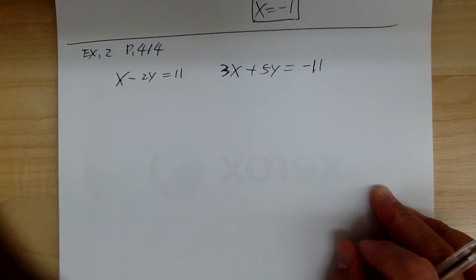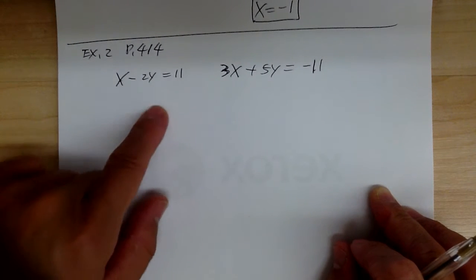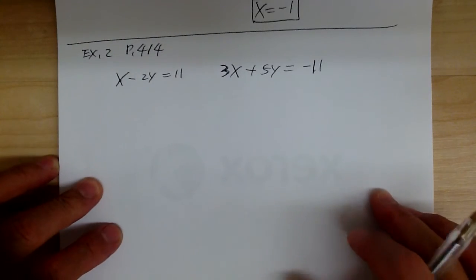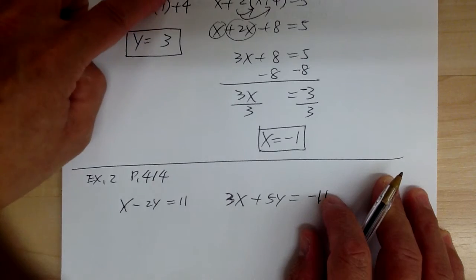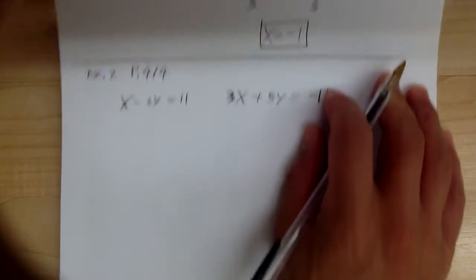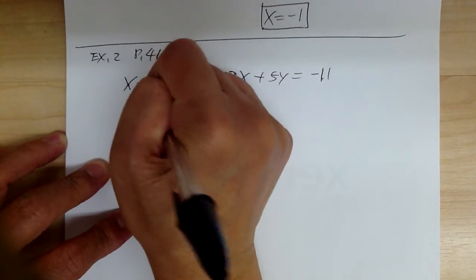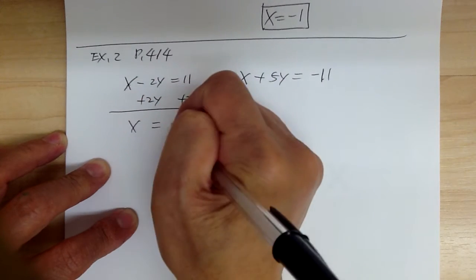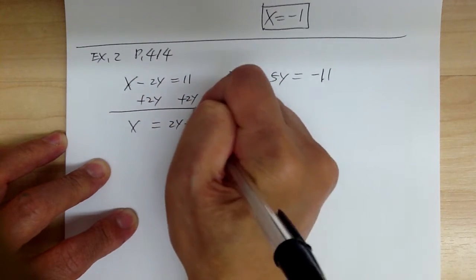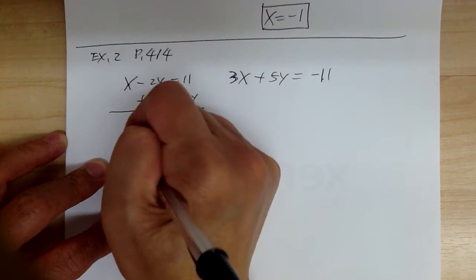But I'm going to show you how to use the substitution method. To do that, you need y equal to something or x equal to something. So in this case, you add 2y, and you get x equal to 2y plus 11. You need to have this kind of situation.